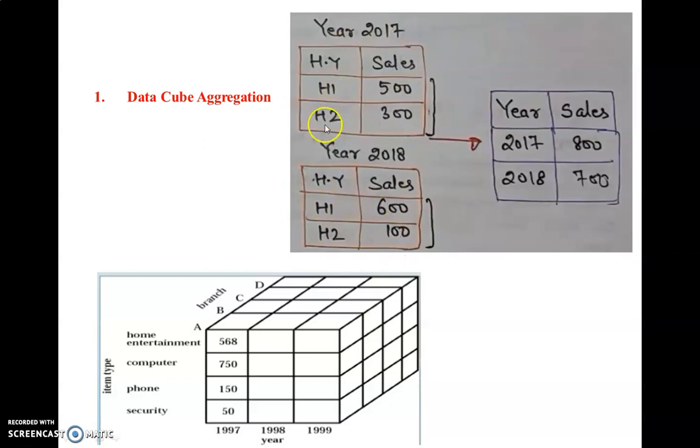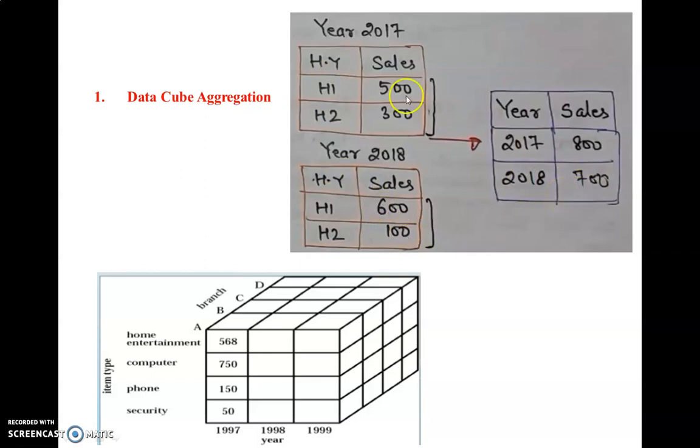After aggregation, we aggregate this data and we get a column called year. So year wise we aggregate. For the year 2017 we get sales of 800, 500 plus 300, and for the year 2018 we get sales of 700.